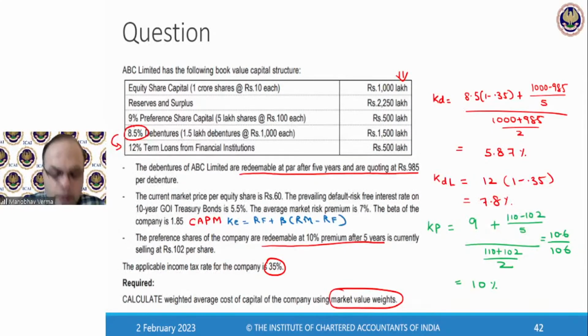Now, I request you guys to be very, very careful here. They are giving you average market risk premium as 7%. So mind you, they're already giving you RM minus RF. 7 is already given to you, RM minus RF.